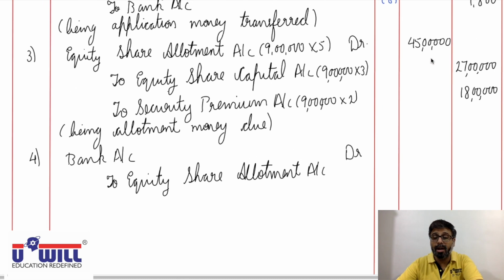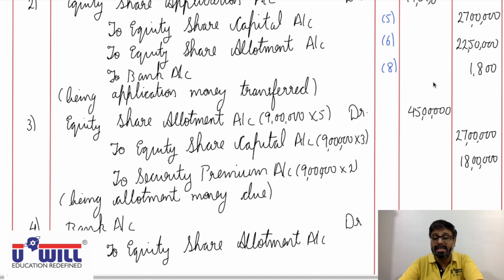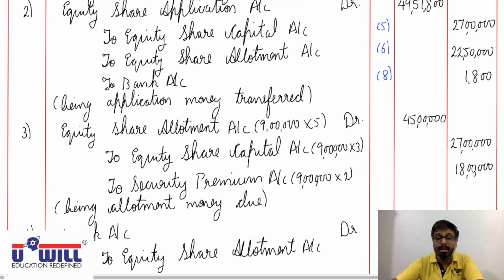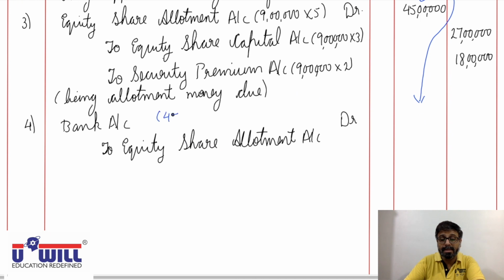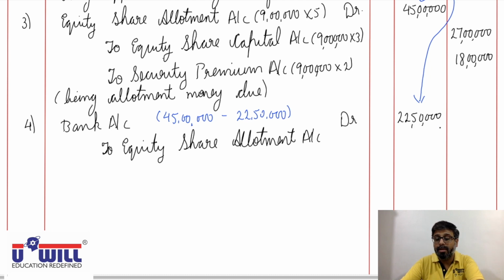Now, allotment account, how much amount, we discussed this earlier also in the last two questions. From 45 lakhs, we already received 22 lakh 50,000 surplus with application. So 45 lakhs minus already received surplus of 22 lakh 50,000, the remaining 22 lakh 50,000 we will receive now.